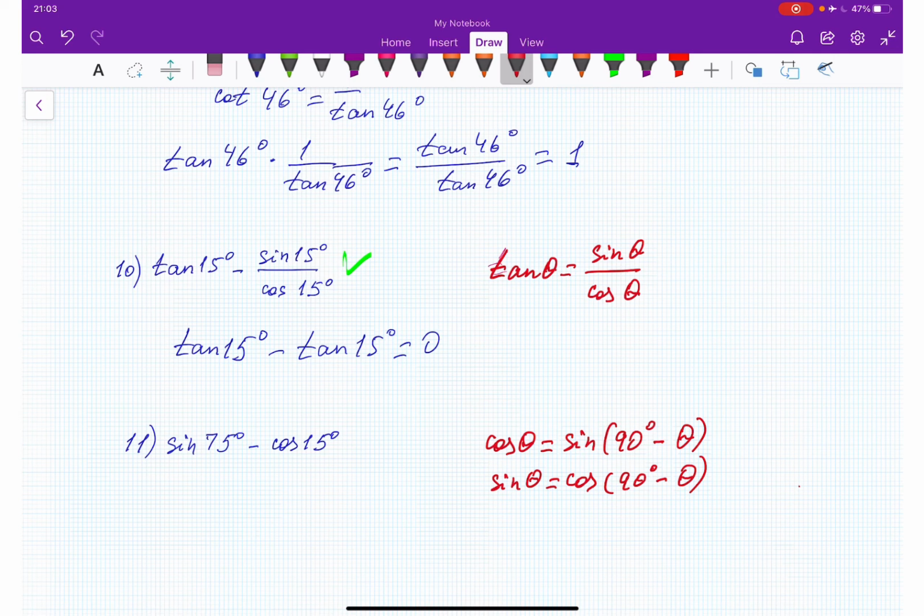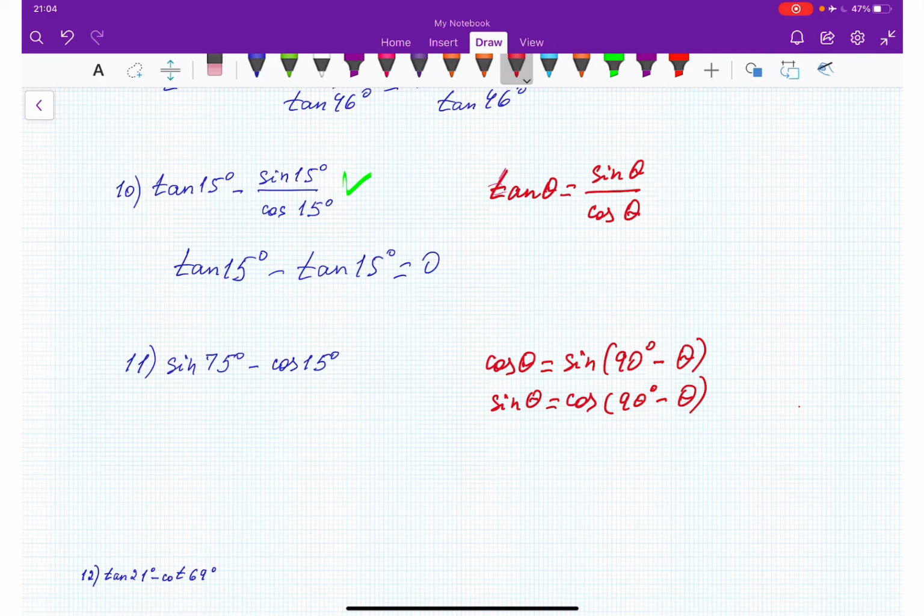Now, do we know what complementary angles are? Complementary angles are angles whose sum makes a right angle, 90 degrees.